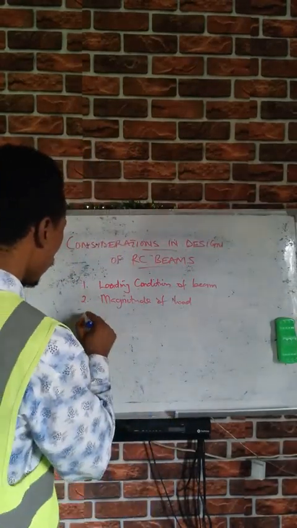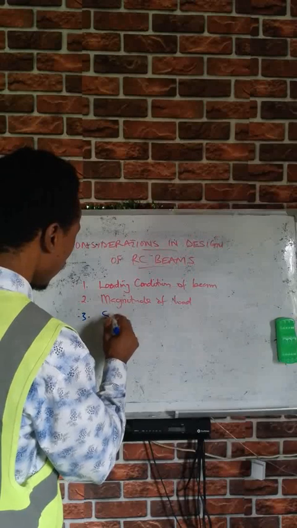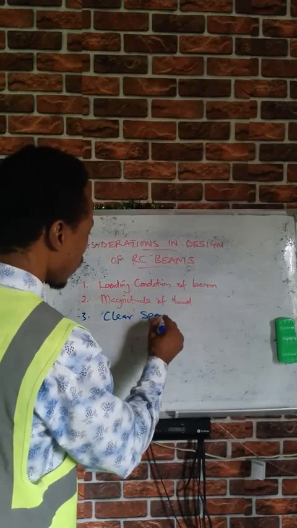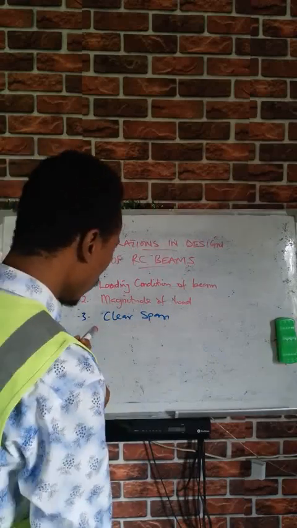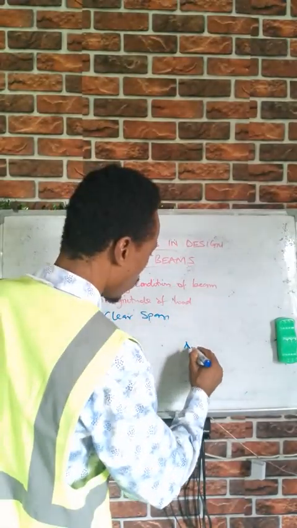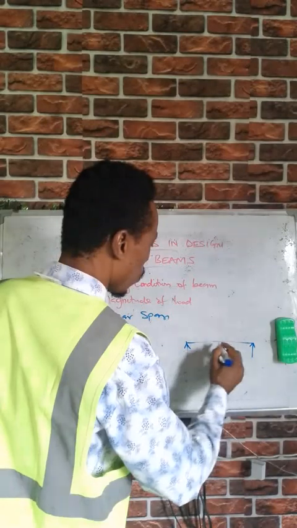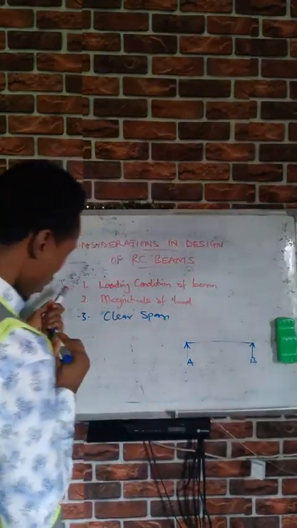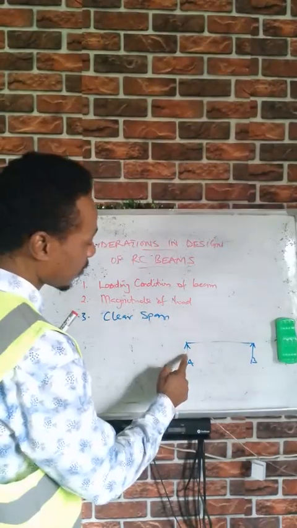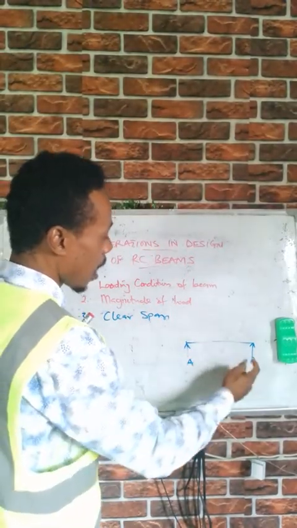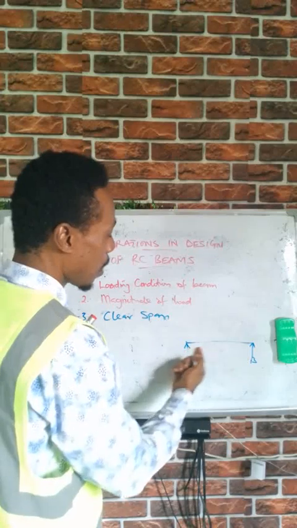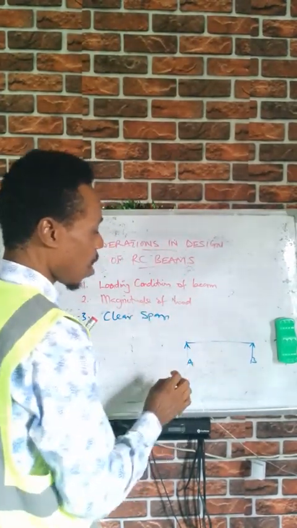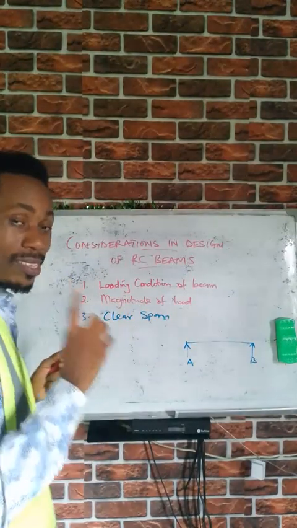The other thing we have to look at is the span, the clear span. Now the clear span has to do with the distance between one support, this is support A, support B. This clear span means the distance between point A and point B. So this is our beam, for instance. So you must consider the span of that beam in your design.